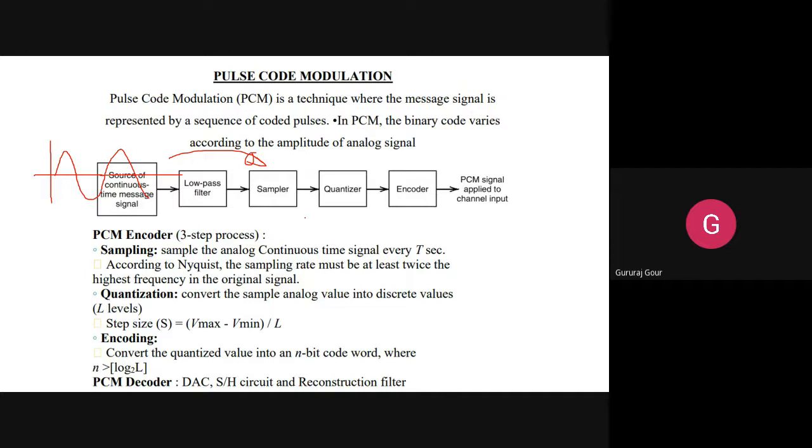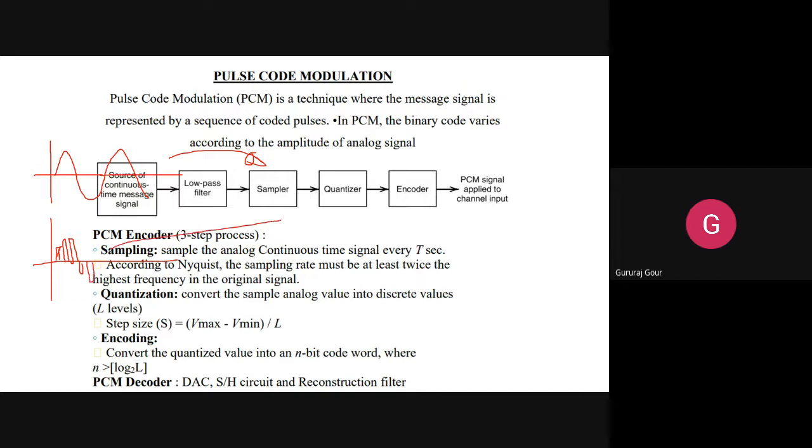So what is this sampler doing? It is cutting your continuous time signal into discrete samples, like that. This process will continue.